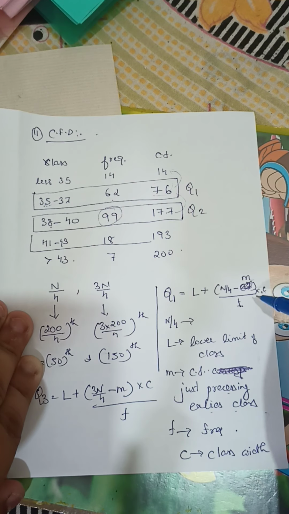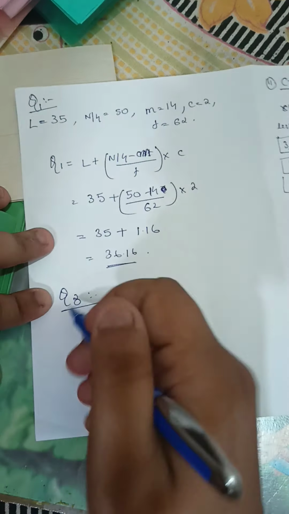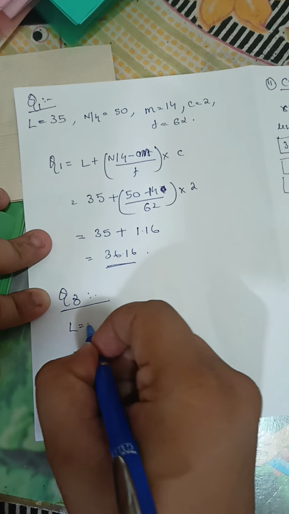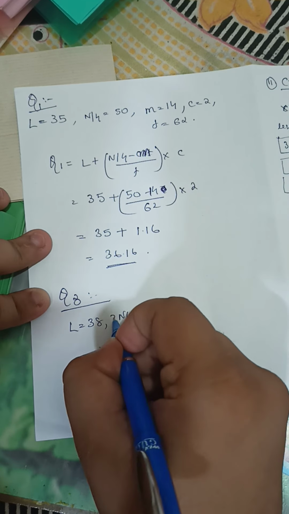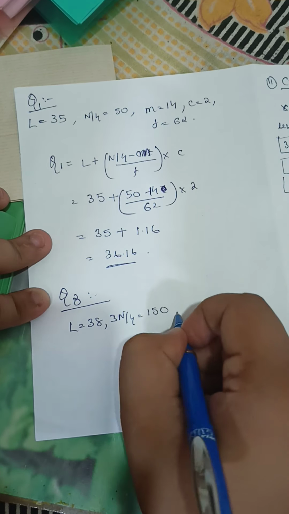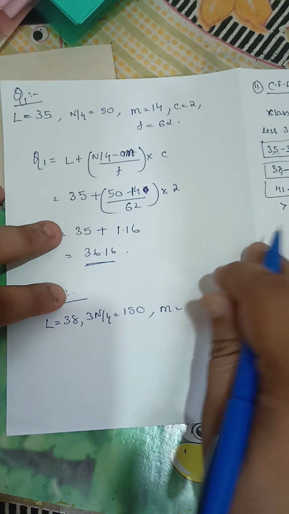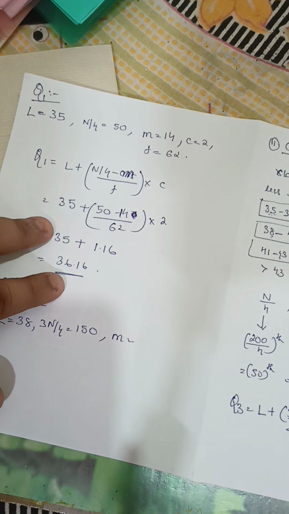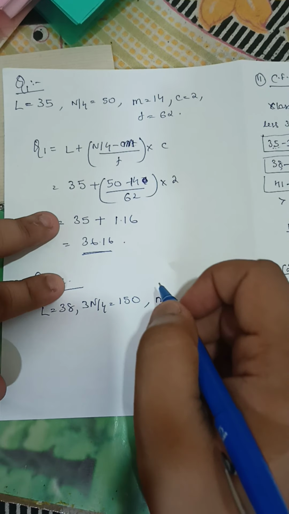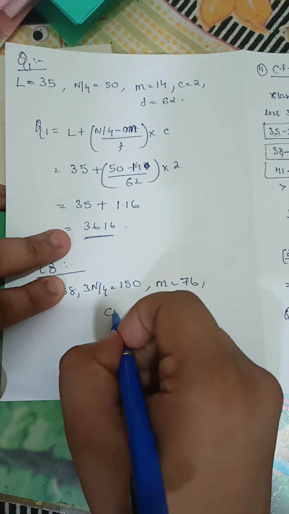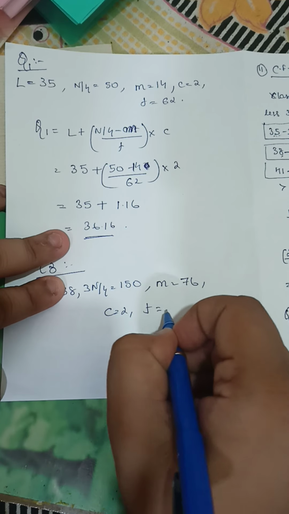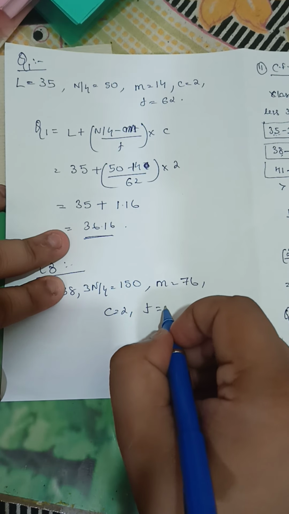The class width C is 2. So L equal to 38, 3n by 4 equal to 150, M equal to 76, C equal to 2, and F equal to 99.